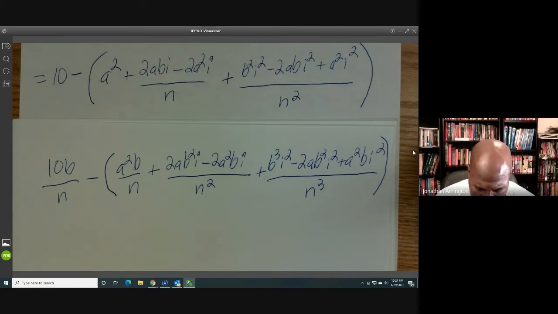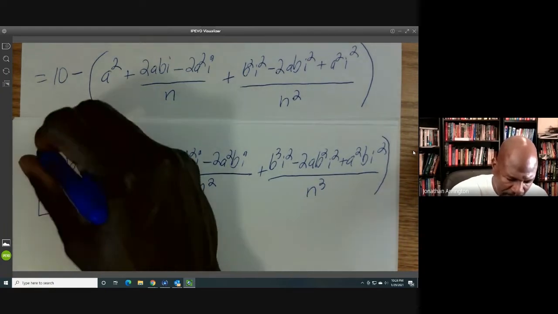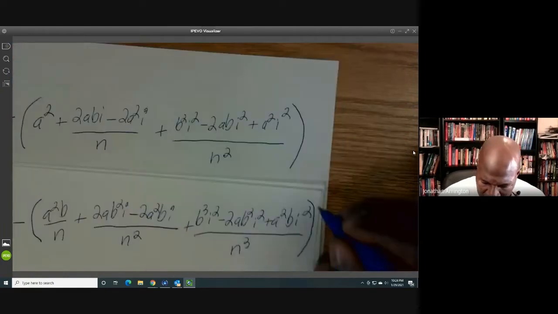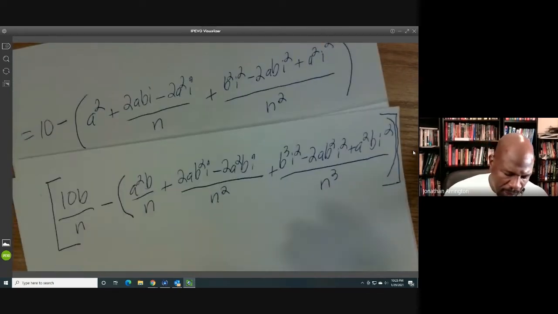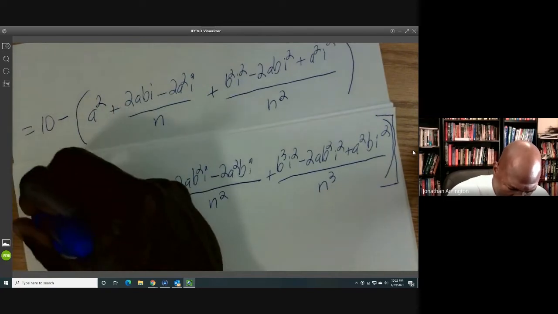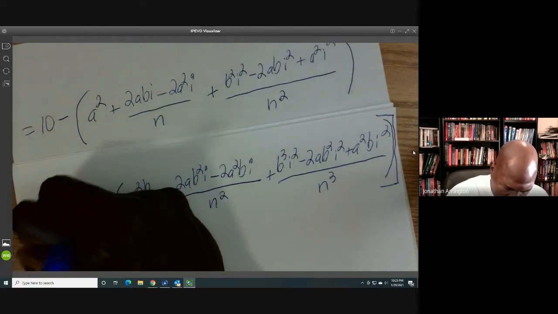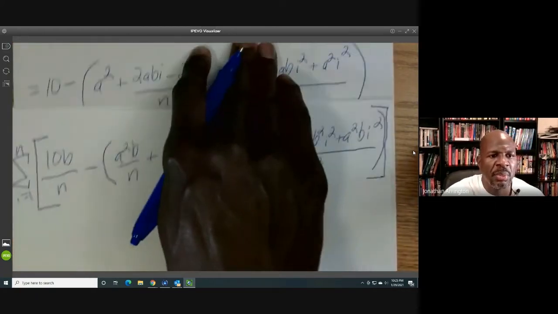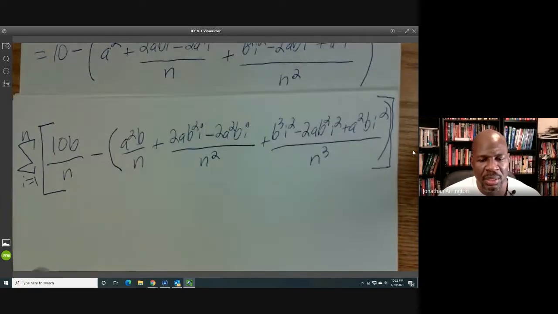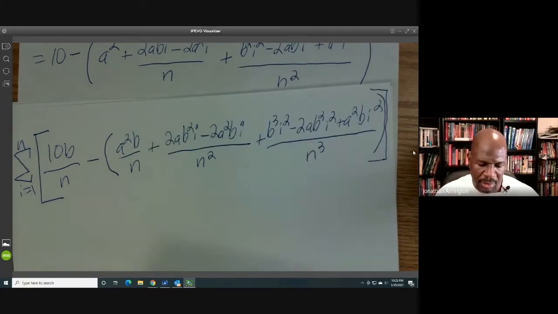And now I need to sum this. So all of this junk, quite beautiful junk, but junk nonetheless, I'm going to take the sum of as i goes from 1 to n. So I'm going to use my summation rules that were mentioned a little earlier, and so here they are.